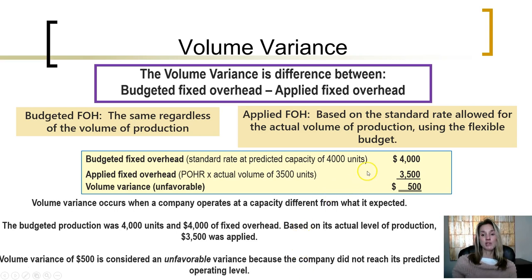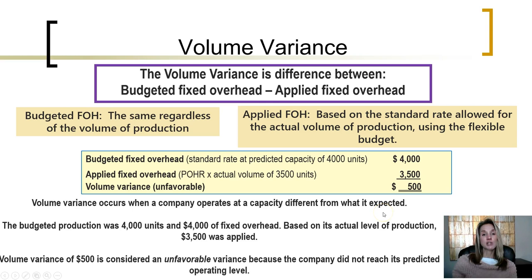So here, if the budgeted fixed overhead at a predicted capacity of 4,000 units produced is $4,000, the amount of applied fixed overhead was the estimated predetermined overhead rate at the actual volume of 3,500 units. We result in a volume variance of $500.